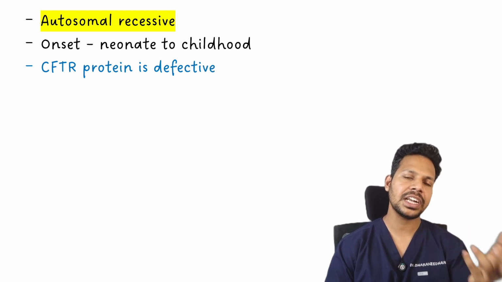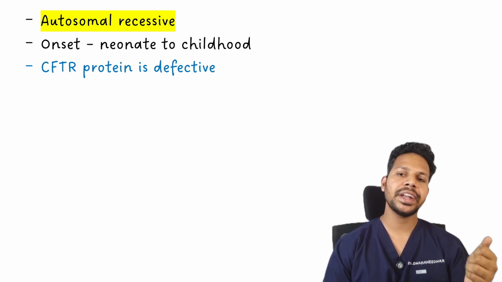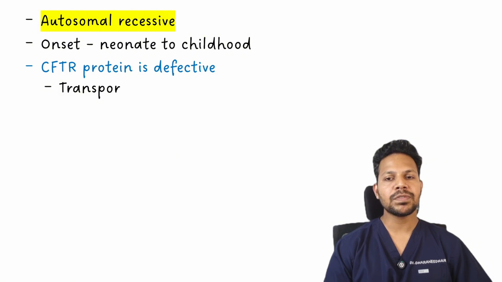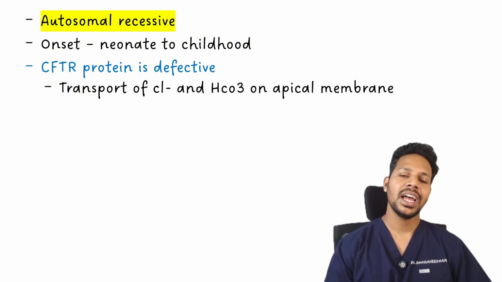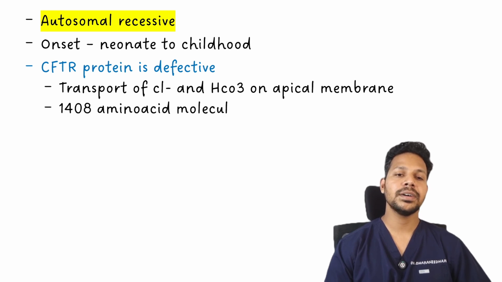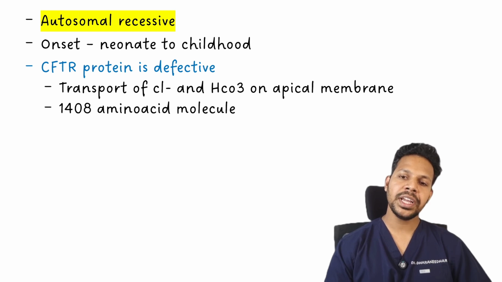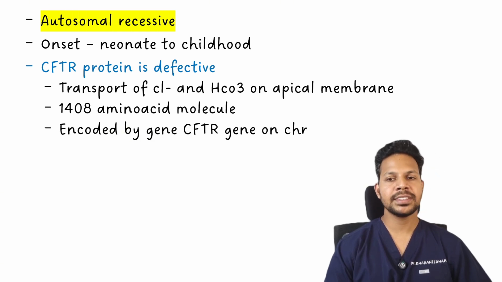It is an anion channel which transfers chloride and bicarbonate. The transport of chloride and bicarbonate on the apical membrane is carried out by this protein, and it has 1480 amino acids. The protein is encoded by a gene named CFTR, which is located on chromosome 7.